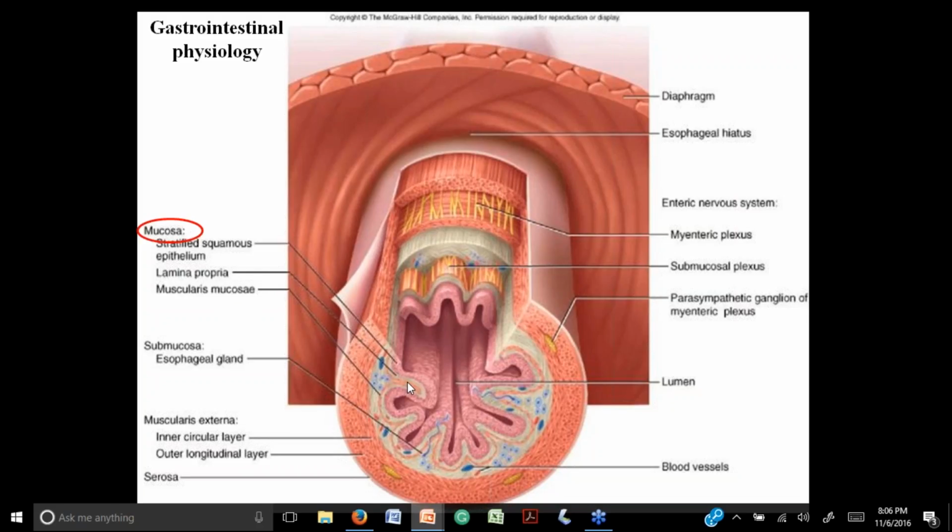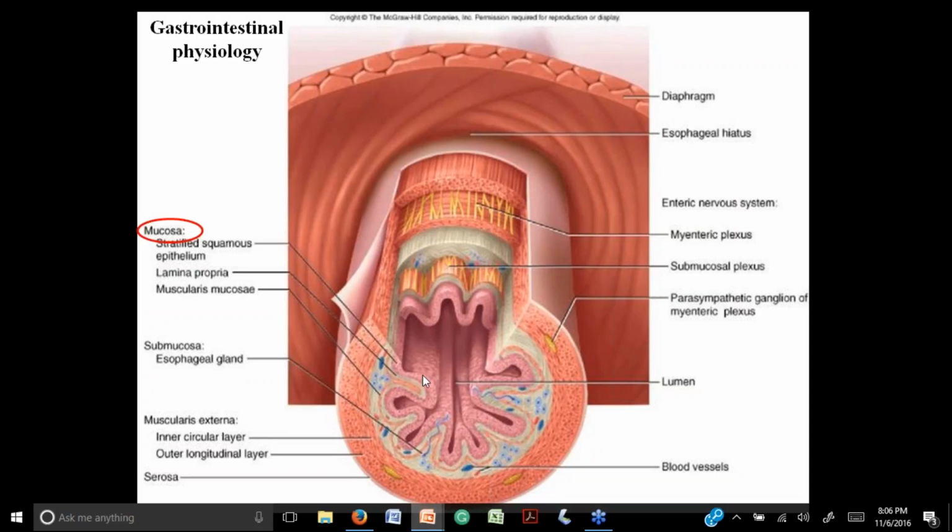The function of this muscularis mucosae is to make small contractions, because the mucosa has ups and downs, ups and downs, so it's a glandular tissue. In between there are nutrients that are going to be trapped. So what the muscularis mucosae does is keep things moving and not get stuck in one place.